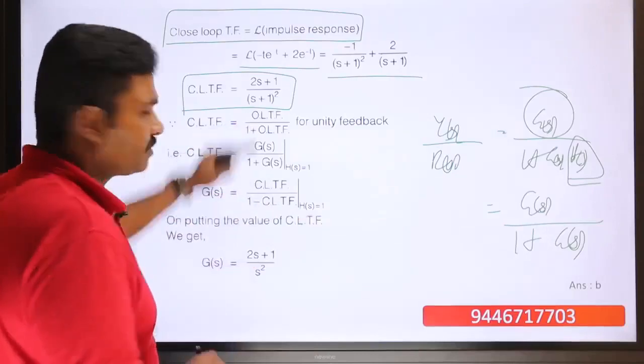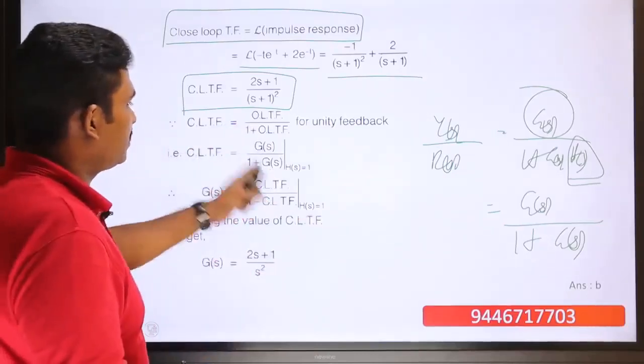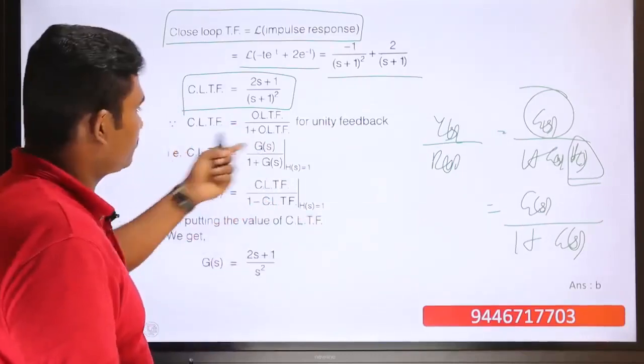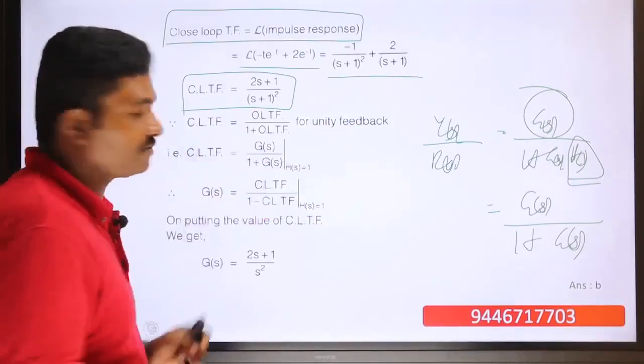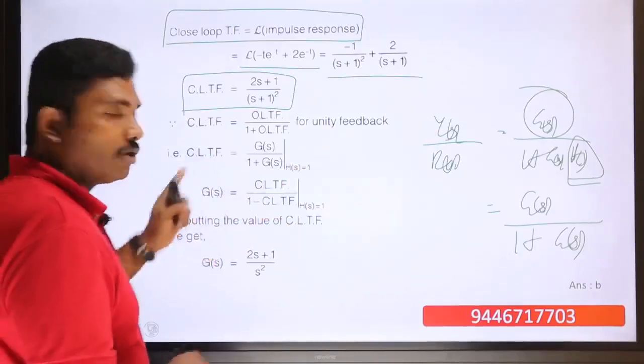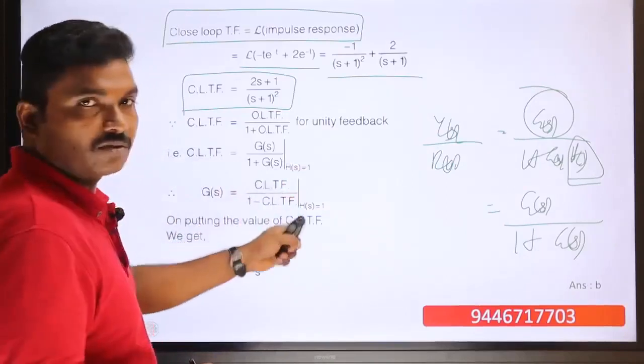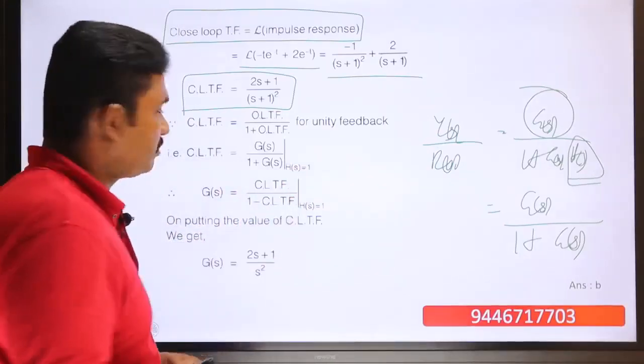So these expressions you have to put in a box. So if you have the open loop transfer function, then your closed loop transfer function is G(s) divided by 1 plus G(s) at H(s) equal to 1. And when you have the closed loop transfer function, then your open loop transfer function will be closed loop transfer function divided by 1 minus closed loop transfer function at H(s) equal to 1.